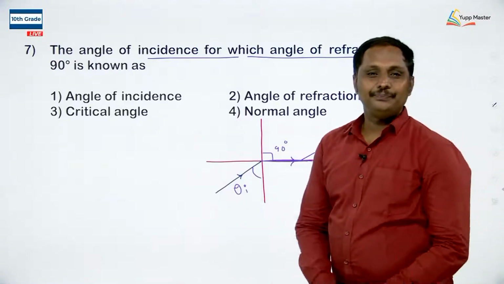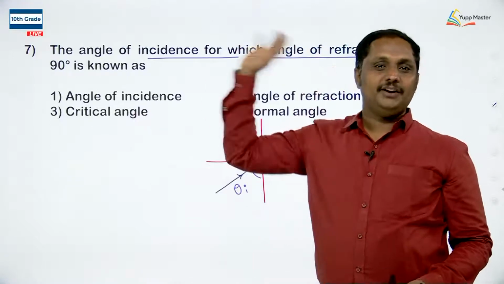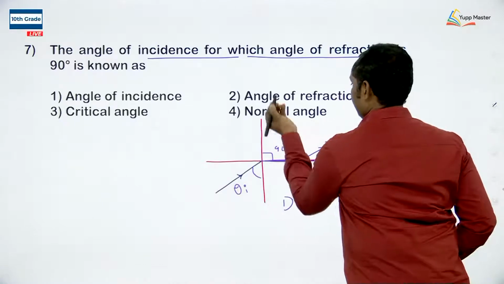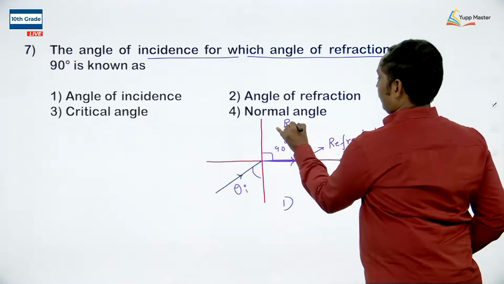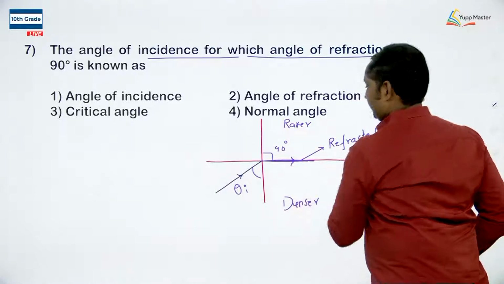If you are going to incident the light ray from the denser to the rarer medium, you have to consider this is the rarer medium and this is the denser medium.